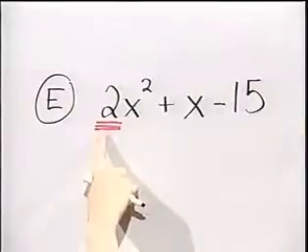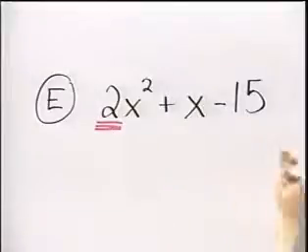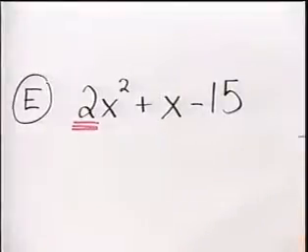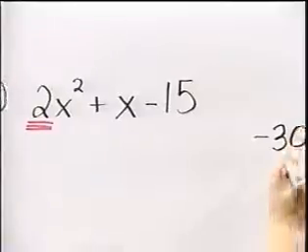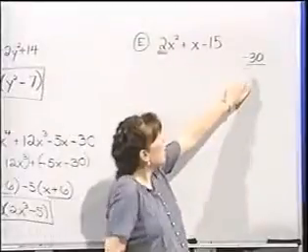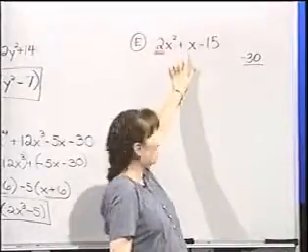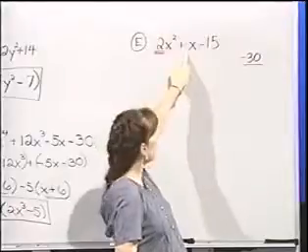I'm going to take my first term times my last term, 2 times negative 15, and that gives me negative 30. And I'm going to look for 2 numbers that multiply to negative 30, but add to my middle coefficient, which is 1. Right?